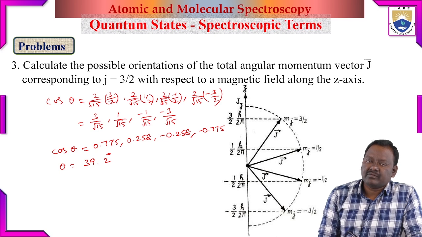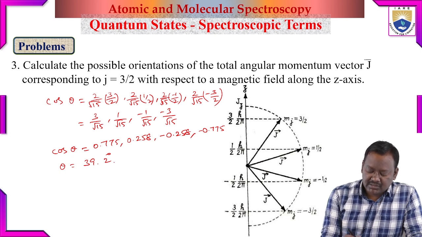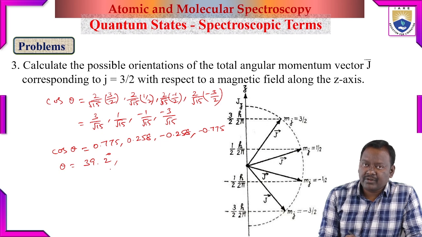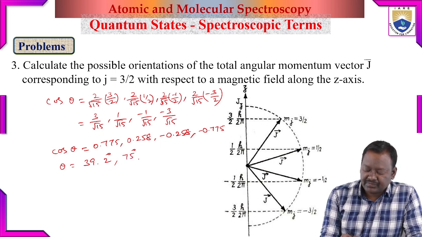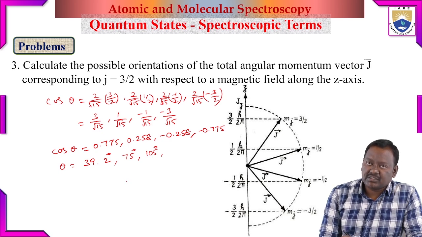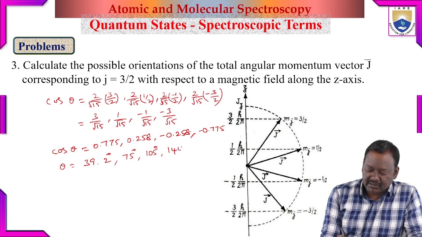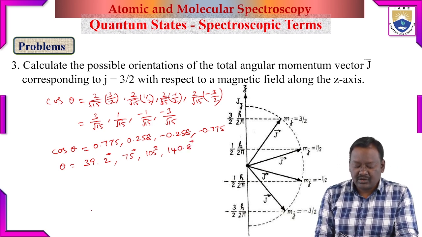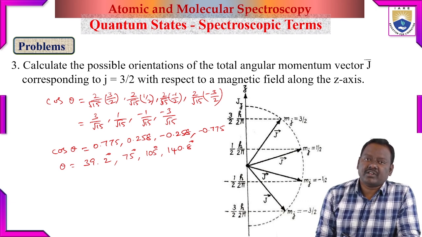Cos inverse of 0.775, we are getting 39.2 degrees, and cos inverse of 0.258 is 75 degrees, and cos inverse of minus 0.258 is equal to 105 degrees, and cos inverse of minus 0.775 is 140.80 degrees.